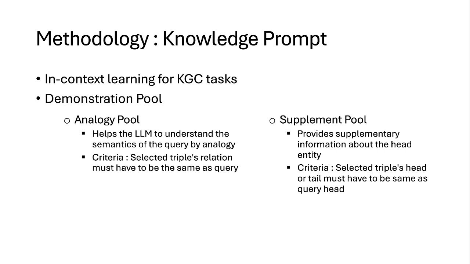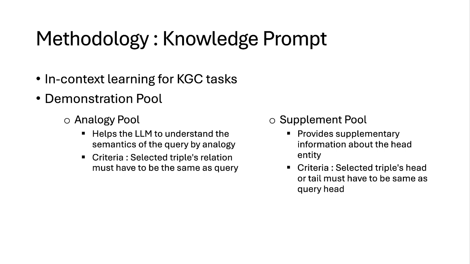For example, if the query is about the relation born in, the analogy pool will give more contextual information about the born-in type, so the LLM will have a better contextual understanding of the born-in relation.